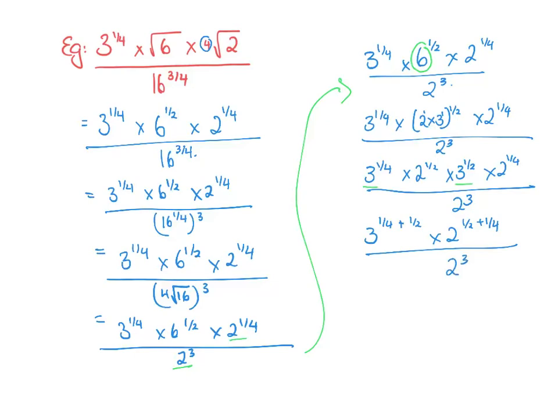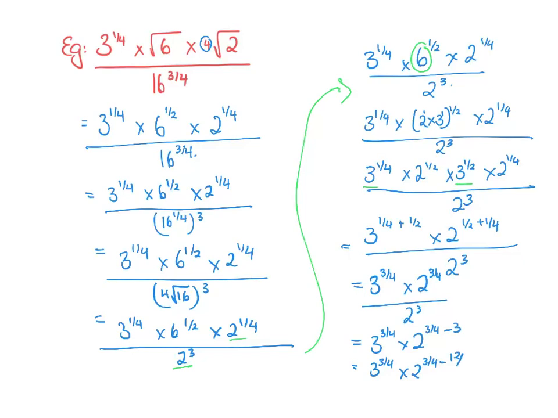I'm just going to tidy up as I go. So a quarter plus a half, that's 3/4, times, and the same 3/4 for the 2's, over 2 to the 3. And now I can do the 2's because that's like dividing. So I get 3 to the 3/4 times 2 to the 3/4 minus 3, which would equal 3 to the 3/4 times 2 to the 3/4 minus 12 over 4.